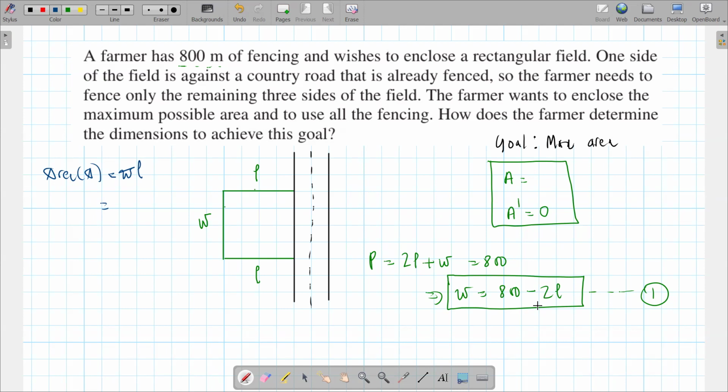We need to use techniques from another calculus topic called multivariable calculus, which is usually a second-year university course. So we're not going to get into that. We're going to try and keep this simple. So we don't want to be dealing with multiple dimensions here. I just want one variable. So I'm going to substitute W with what W is in terms of L. That way, I have only one variable I'm worried about.